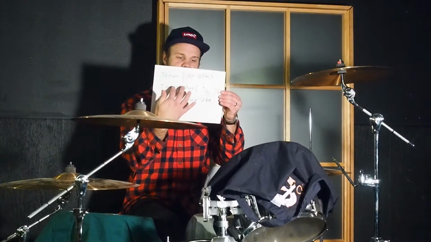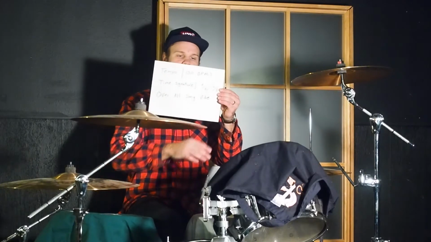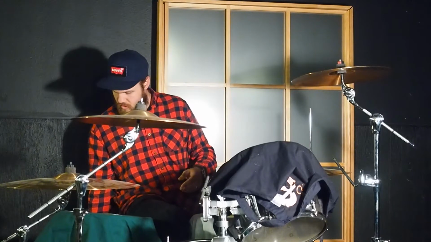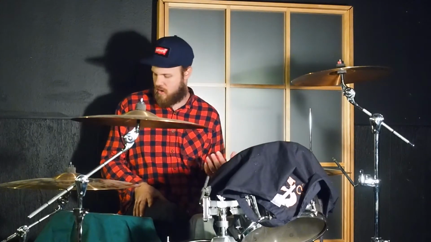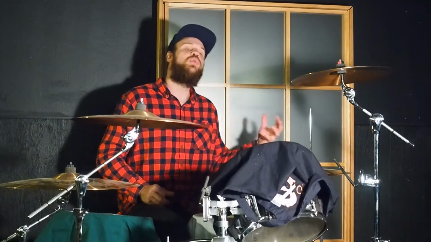So moving on to the next thing, we've got tempo. Then we've got time signature and the overall vibe of the song. Those three things are key things for a drummer to know, because if you're trying to play a John Mayer song, the overall vibe of the song is more jazzy-ish, blues chords, whatnot. You don't want to play too quickly at certain points and then slow down too fast, or vice versa, play too slow and then speed up too fast.